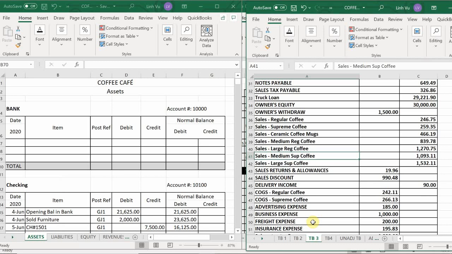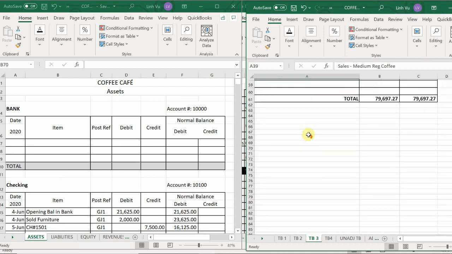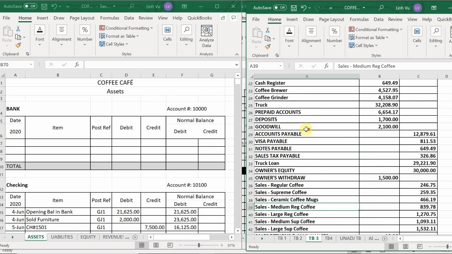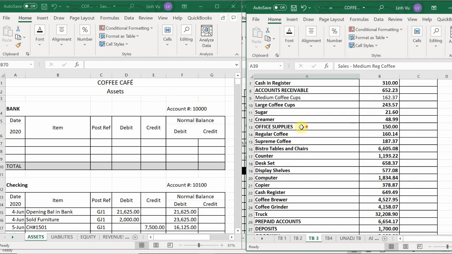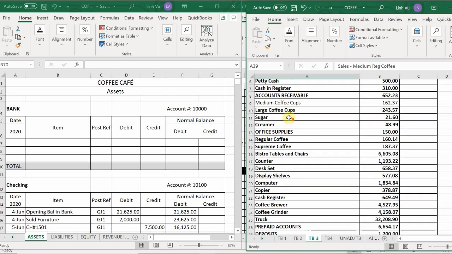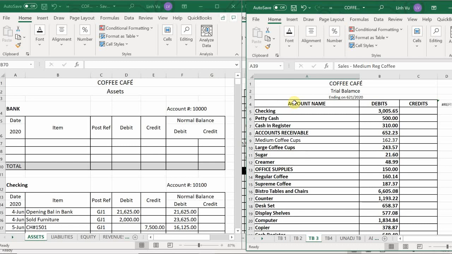Where, as you see, every time we do a trial balance, notice that we are constantly typing in all these accounts after accounts after accounts. Now, there's a shortcut that you can utilize in Excel to make it much, much easier.